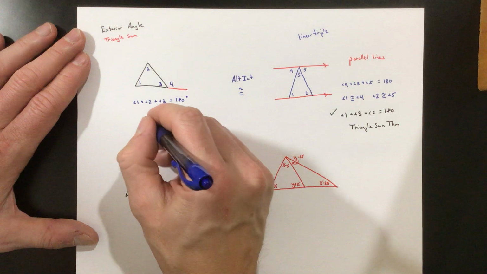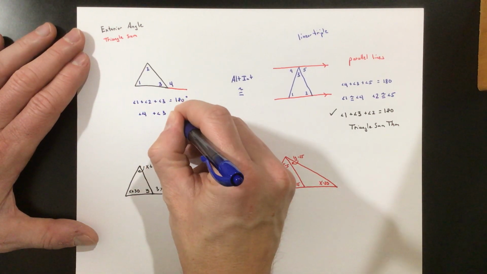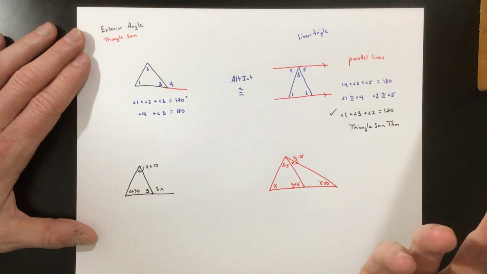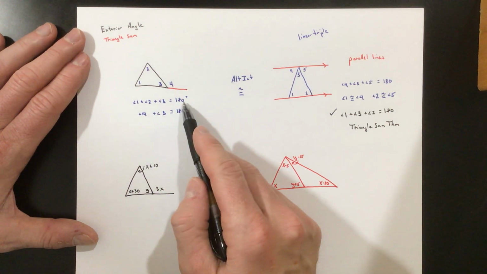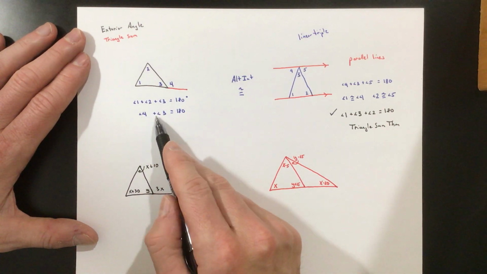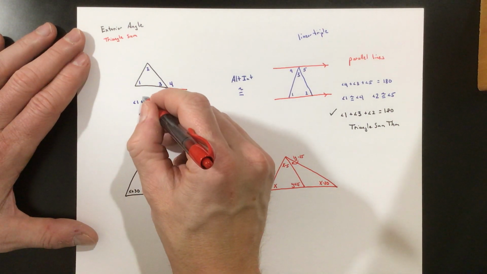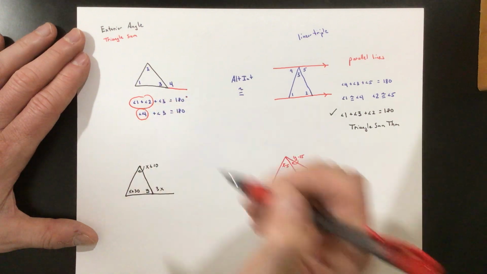But then don't we also know that angle 4 plus angle 3 has to equal 180 because of linear pair? Well, if we know that 1 plus 2 plus 3 equals 180, but then 4 plus 3 equals 180, don't we really know then that 1 and 2 added together has to be the same measure as angle 4?